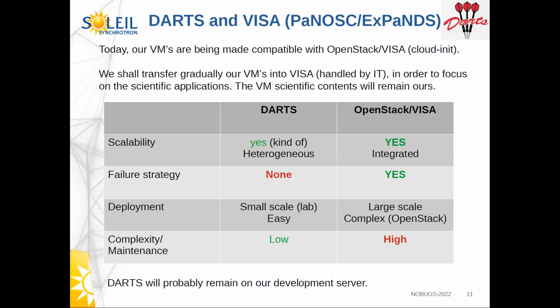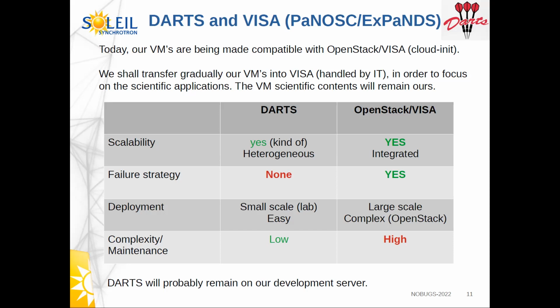So if we compare that, we could say that, for instance, well, can we scale DARTS? Of course, Visa can do that very easily. You just add a compute node to the OpenStack, and then you just scale up the resource you give. Well, DARTS can kind of do that because you can put a number of computers in the network, and they will, in a way, distribute the resources.